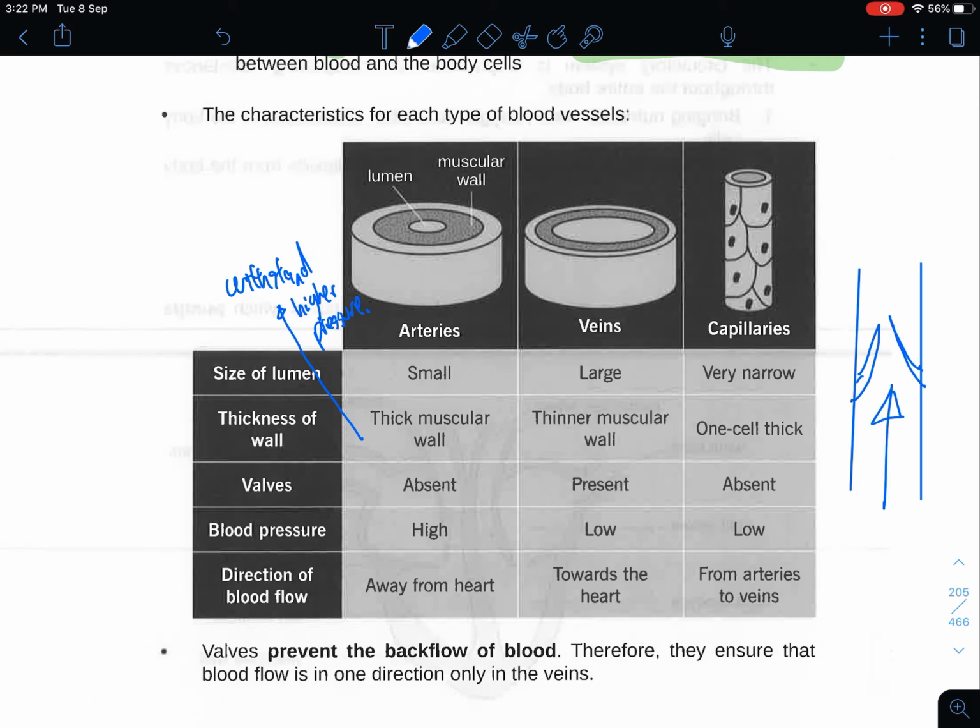So when blood travels in this direction upwards, the valves will open, so that blood will move upwards. You can see that the directional valve will move in the same direction as the arrowhead. In the event that there is backflow of blood, this will shut, so that there is no blood moving backwards.